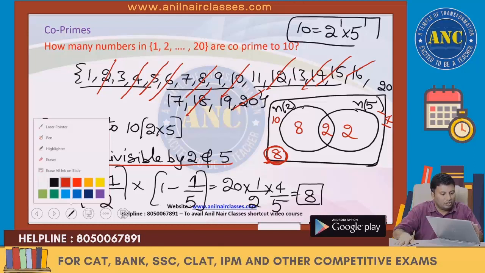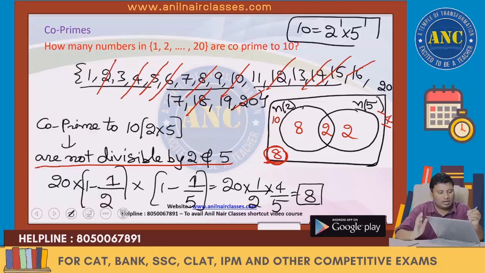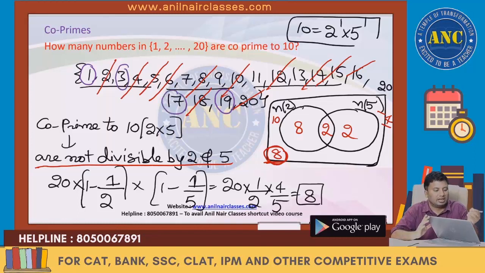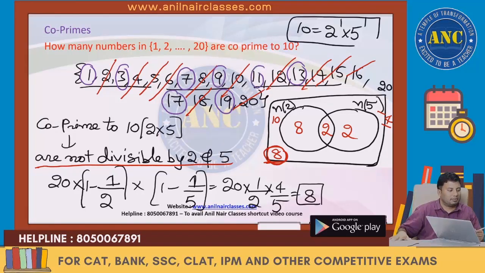We got 1, so 19 also we will get. We got 3, we will get 17. We got 7, we got 13. So 1, 2, 3, 4, 5, 6. We got one more number, 9, and it is 11. Total 8 numbers we got. I hope the idea is clear.